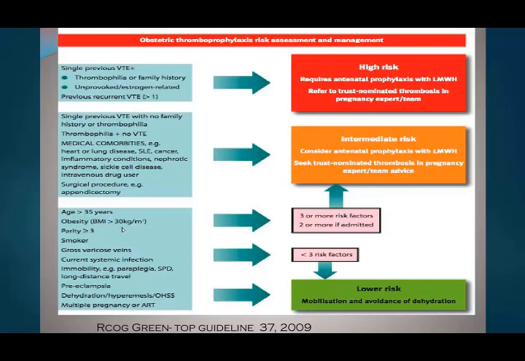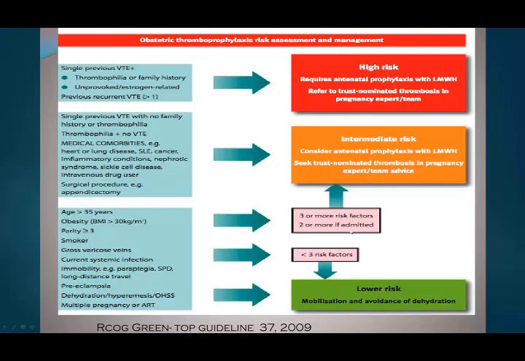If three or more of these risk factors are there, we consider her intermediate risk. Then, if there are two or more, we keep her admitted, and if there are less than three, we consider them low risk.